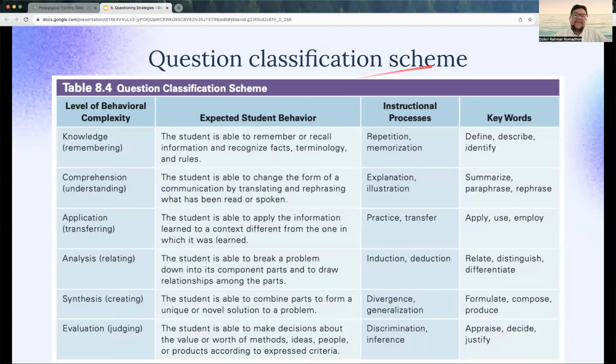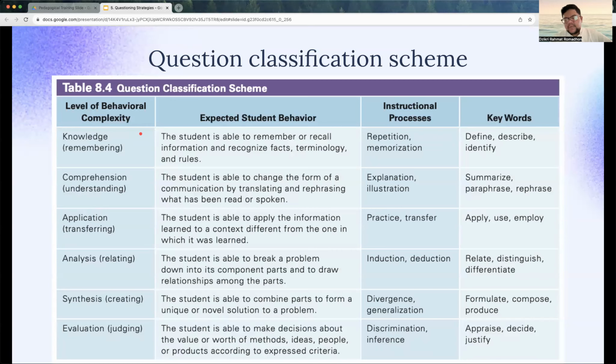So question classification will be divided by how complex the question is. And I believe some of you already get this from university teaching, but again I'm going to remind you about this. So level of behavioral complexity, there are 6 of them.